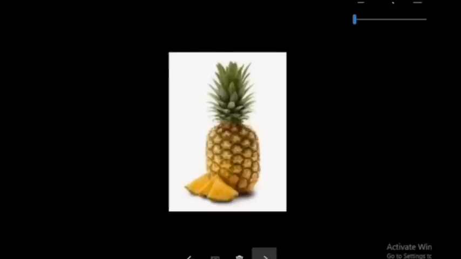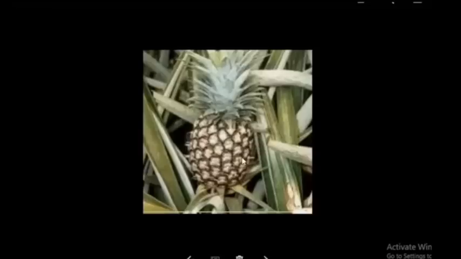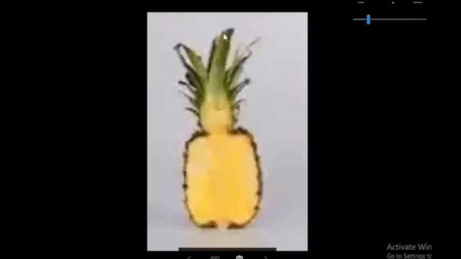So these are other pictures of the pineapple fruit. This is the pineapple fruit while it is still on its stalk. So we are looking at the longitudinal cut of the pineapple fruit. This is what the cut will look like when it is cut from top to bottom, midway.